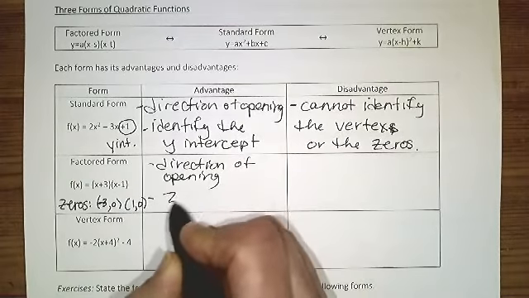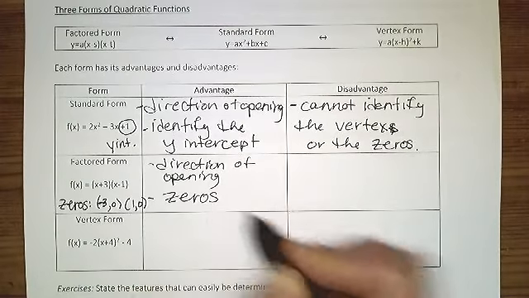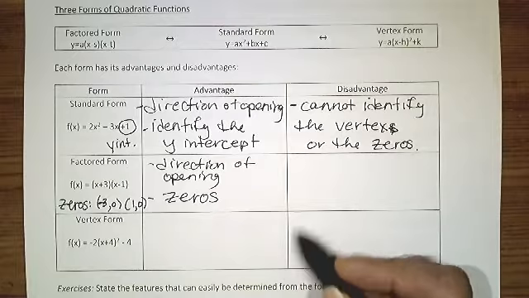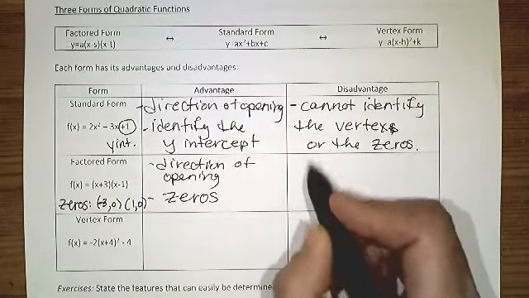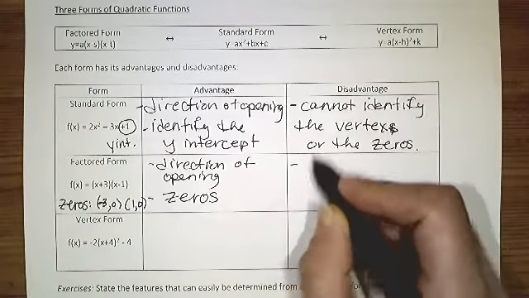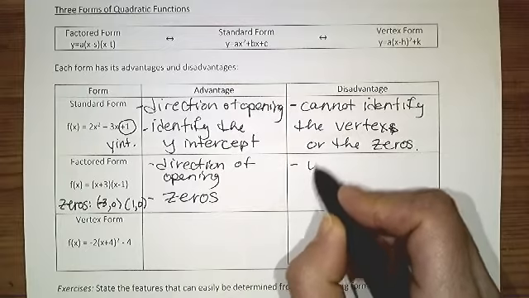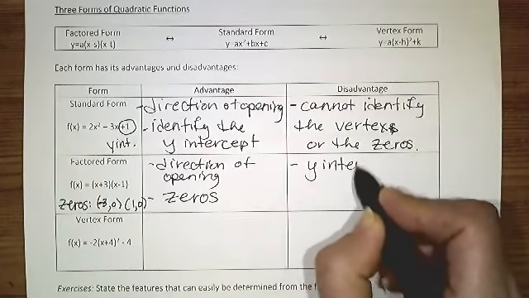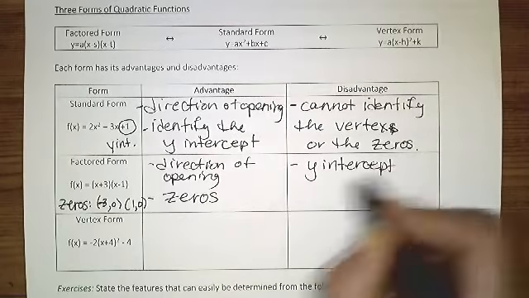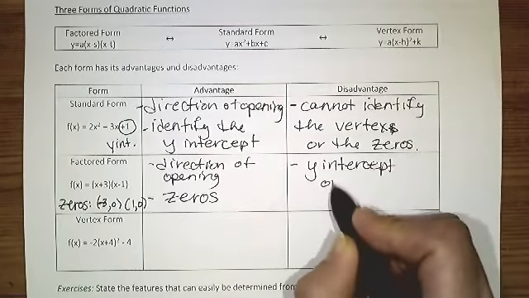So we know the zeros from factored form. Looking at the disadvantages, we cannot identify the y-intercept or the vertex. So we're unable to read those directly from the equation.